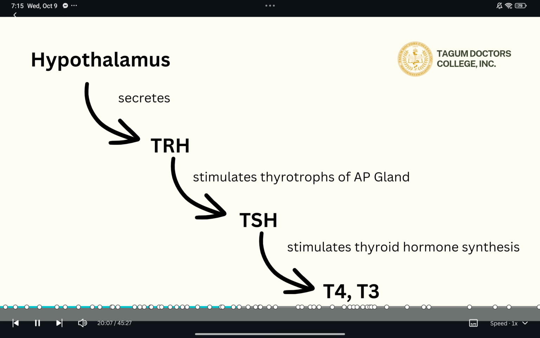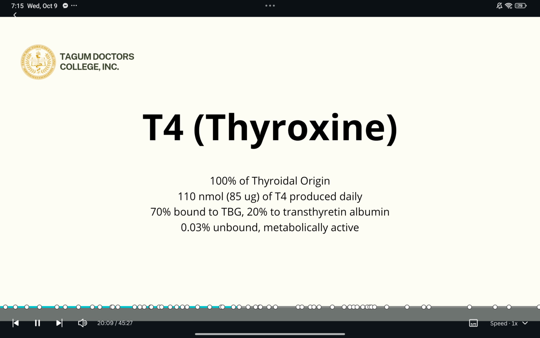Okay, and then eventually mag-secrete of TSH, and the secretion of our TSH stimulates the thyroid hormone synthesis, which eventually secretes T4 and T3. So our T4, also called our thyroxine, is 100% of thyroidal origin. Okay, and there is about 85 micrograms of T4 produced daily. 70% of the T4 is bound to our TBG, and then 20% is to transthyretin albumin.